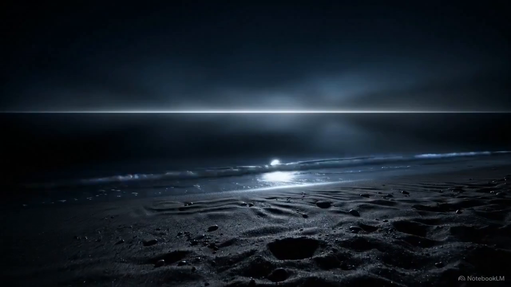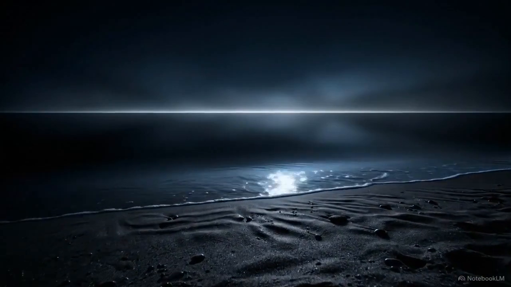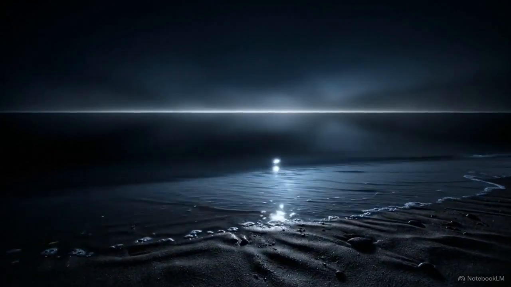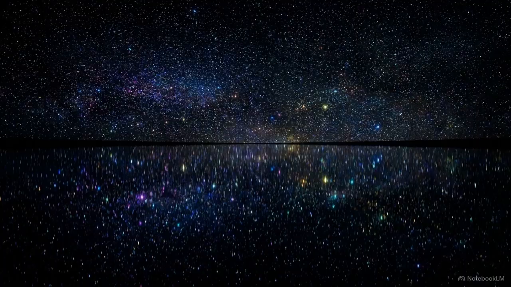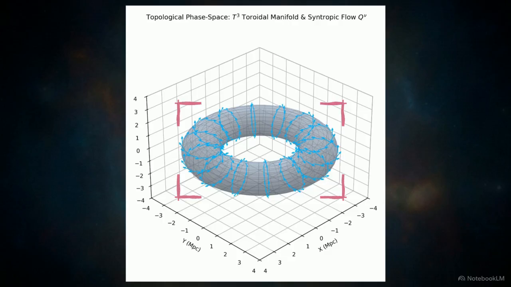This brings the perspective back to the human scale, standing on a beach and looking out over the water. Our universe operates as a harmonious, self-stabilizing system. The true cosmic architecture is a globally periodic toroidal manifold.